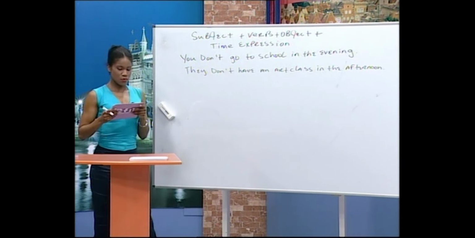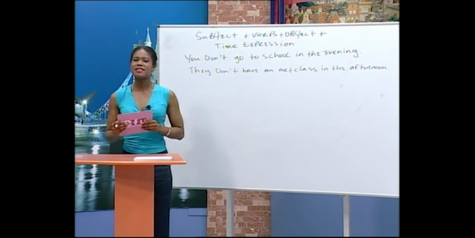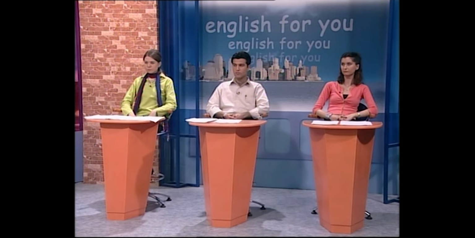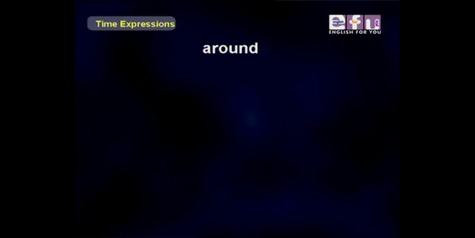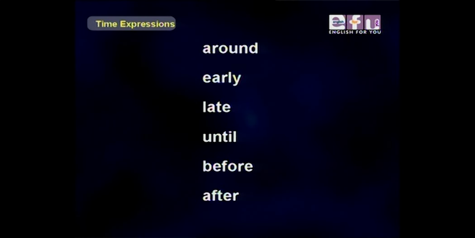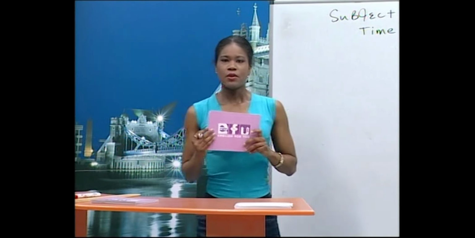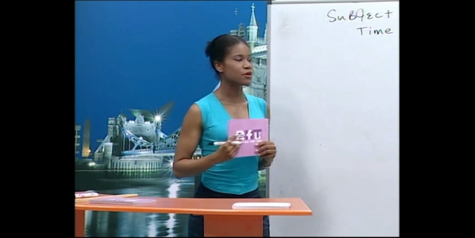Okay, good examples. Now we will look at other time expressions. Please look at your monitor. Around, early, late, until, before, after. Okay, now this is how we use them in other time expressions.